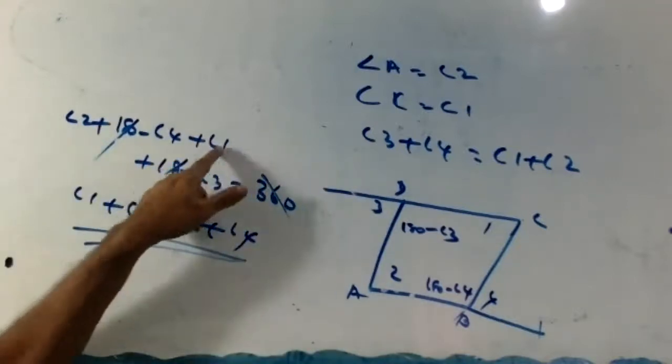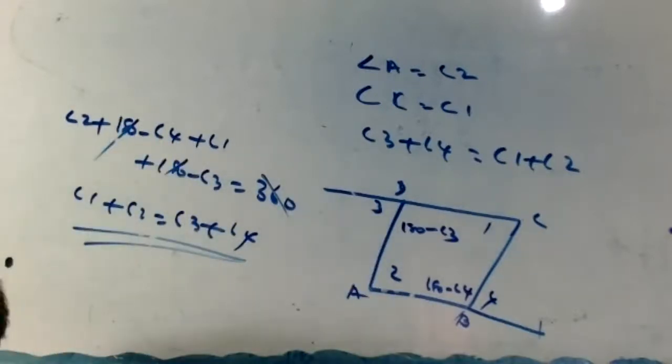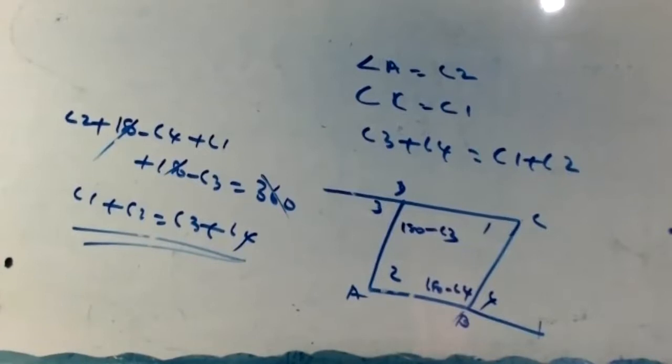So keep 1 and 2 here, minus 4, minus 3 going the other side, then 3 plus 4. Is it okay now? And don't think that if you write a big answer, make it 3 pages, you'll get marks. No, it's the content, the points.